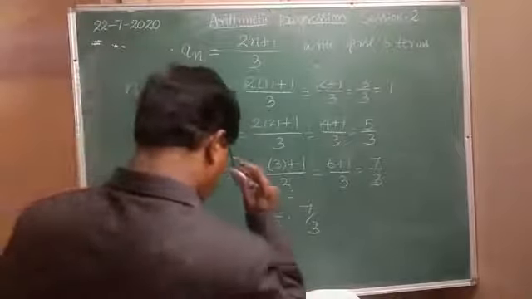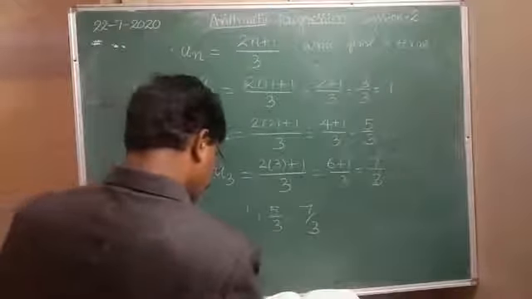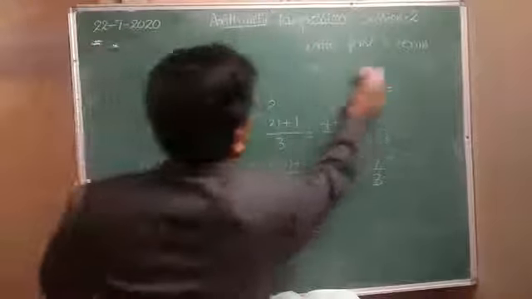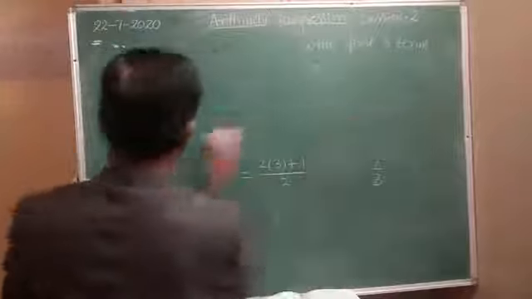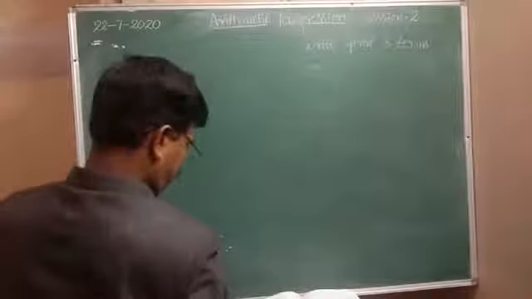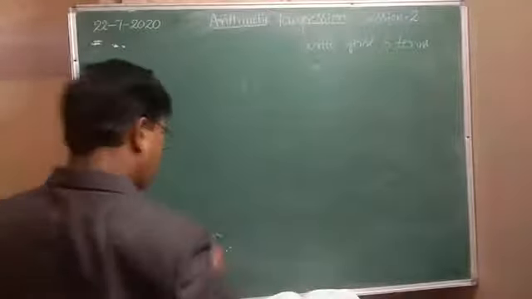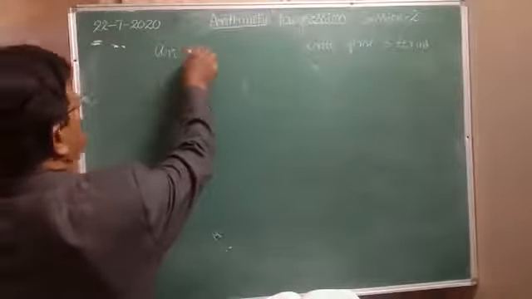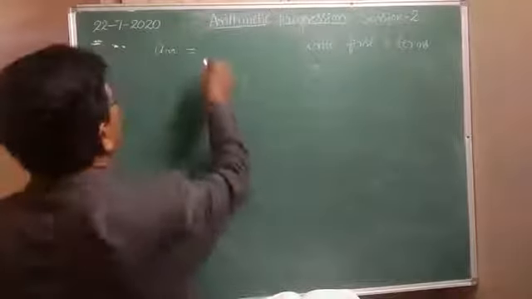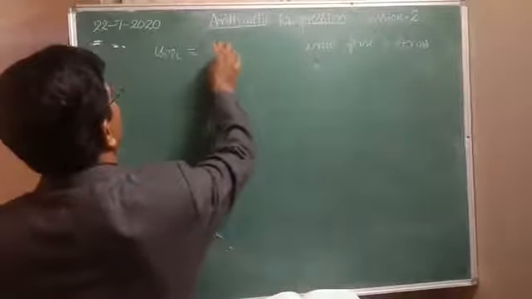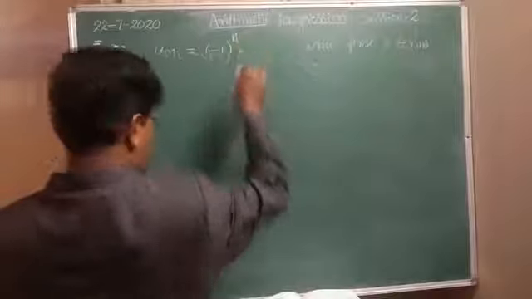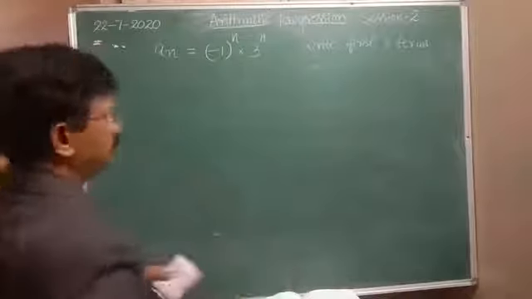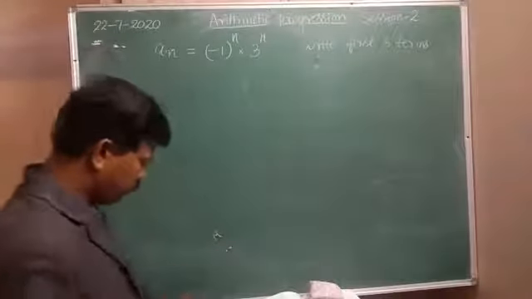Now, one more I am showing you. an is equal to (minus 1) to the power of n into 3 to the power of n. Write the first three terms of this.